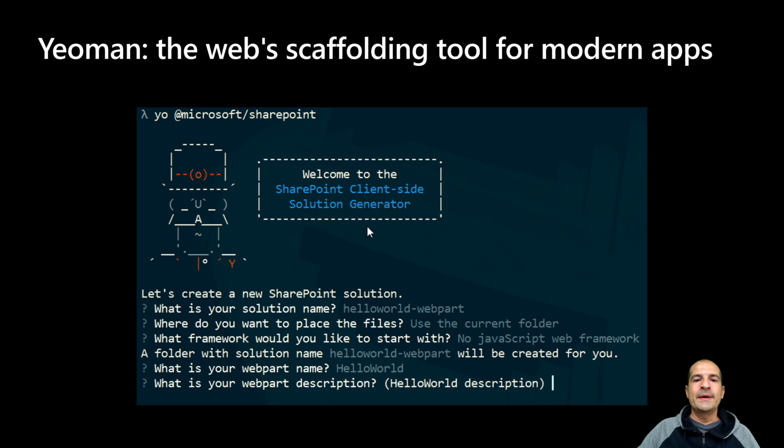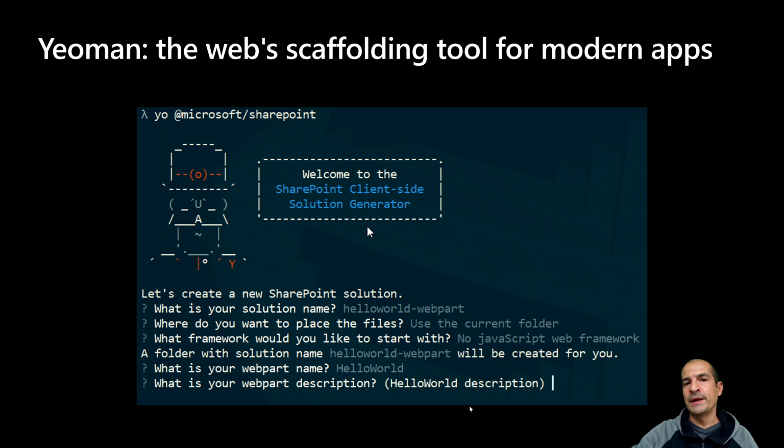Okay, Yeoman, as I mentioned before, is a command line tool that allows you to scaffold the solution. We have several questions here when you start Yeoman, and basically it allows you to create the solution, and you can provide a name of this solution, a description, and then there are other important options that you have to fulfill.